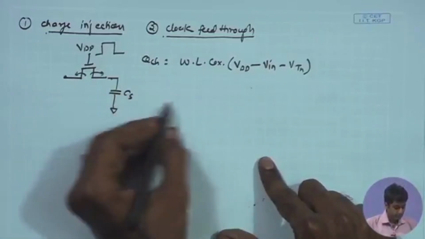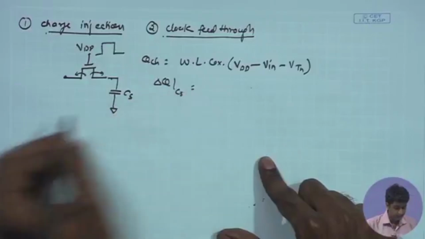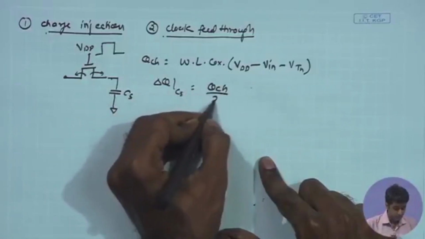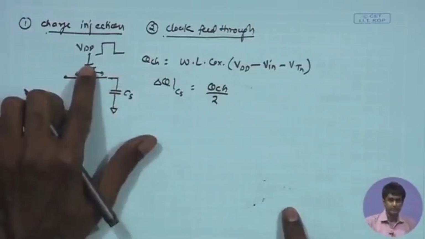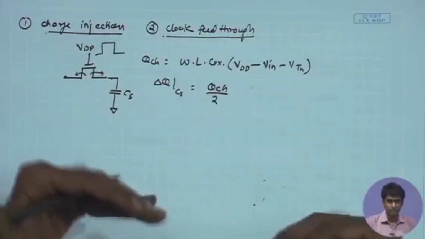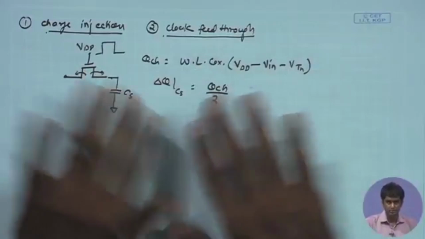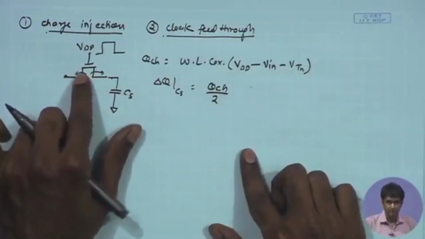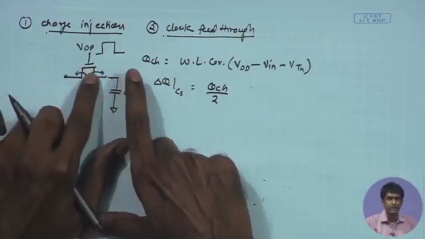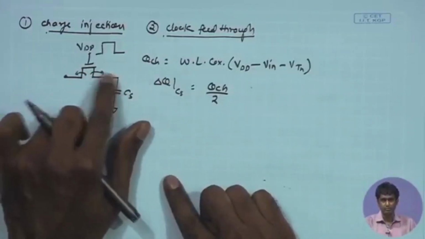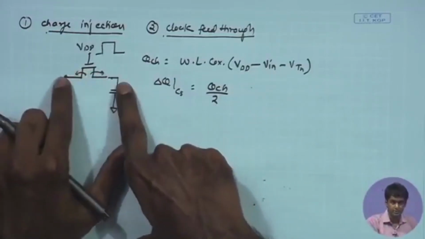Therefore, the delta Q that I get on the CS is going to be Q channel by 2, assuming that the charge is injected equally on both sides after the MOSFET gets off, because remember, when you turn off the MOSFET, the mobile electrons forming the channel charge have to be injected out, so that the MOSFET is turned off, and that injection involves injection of negative charges on both sides, because remember, NMOS has electrons as channel carriers, the mobile charges are negatively charged electrons, and therefore, it amounts to a negative charge injection on both these points.